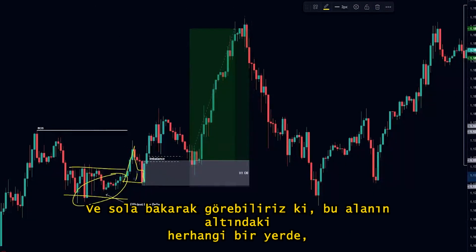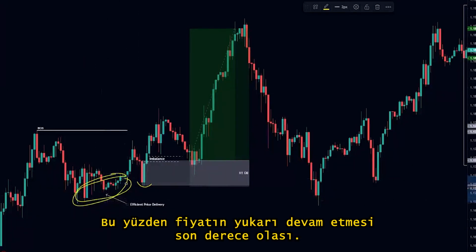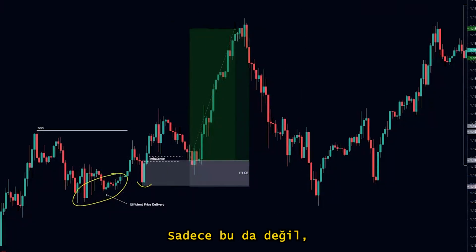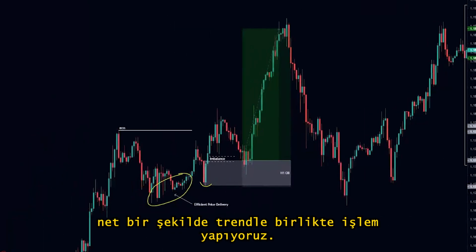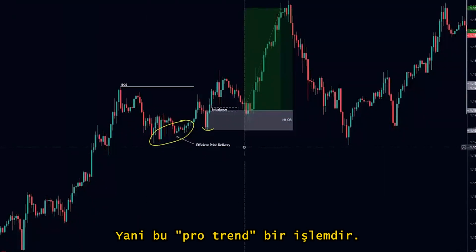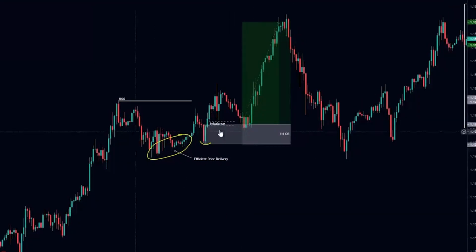And we can see that by looking left: anywhere below this area, price delivery is quite efficient. So for price to continue to the upside, it's highly likely. Not only that, we're clearly trading with the trend, so this is a pro-trend trade.